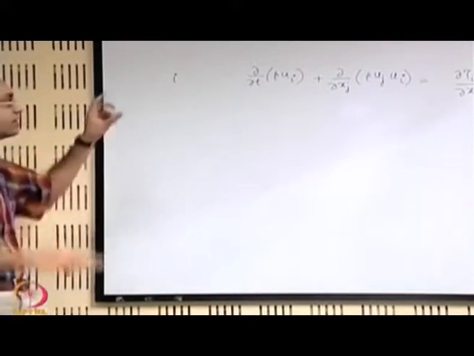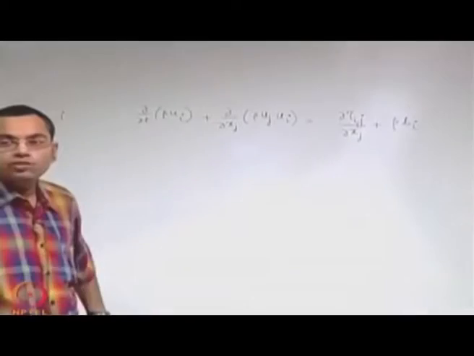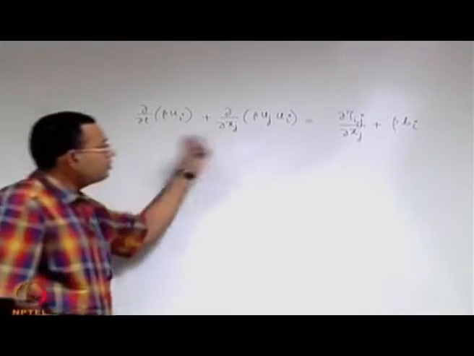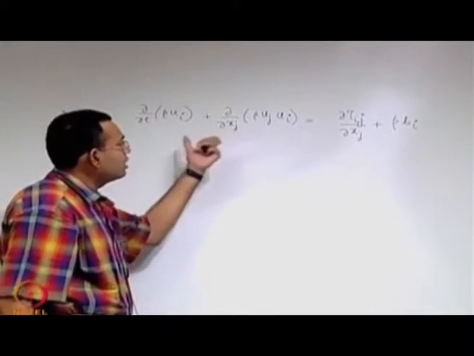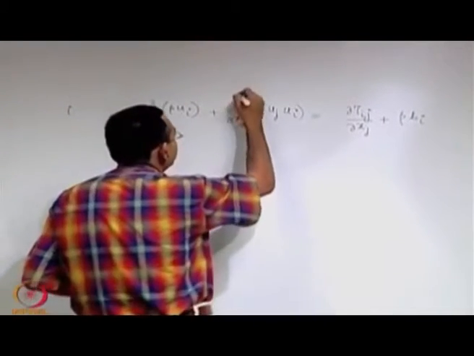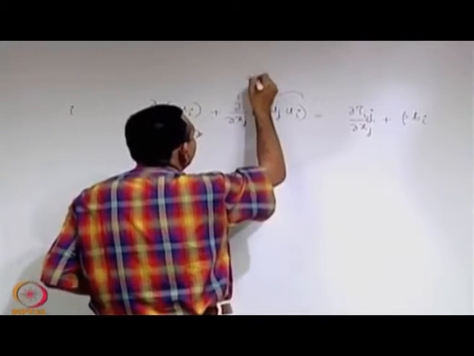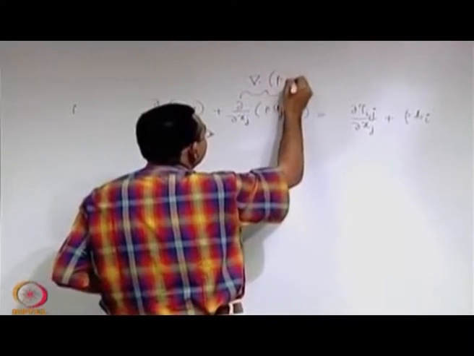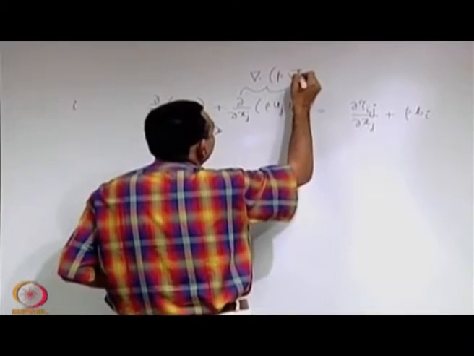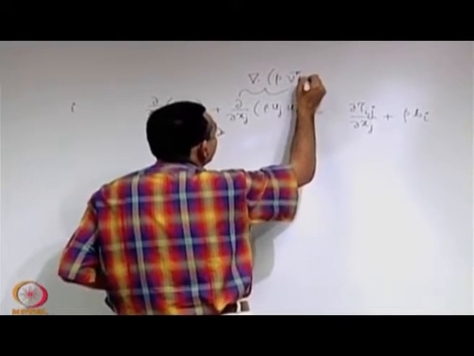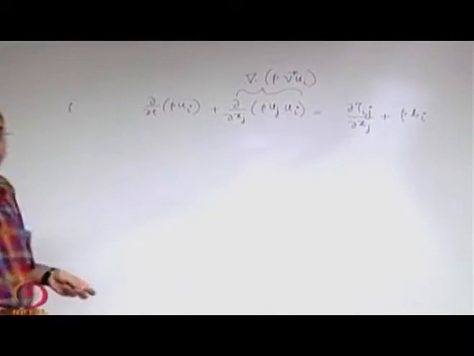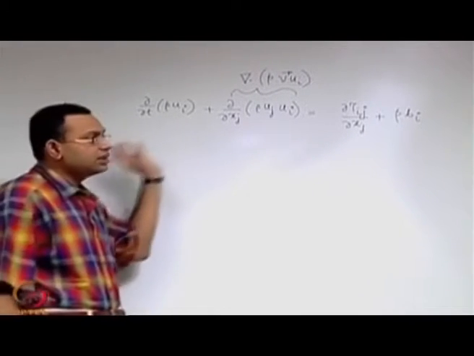So this is the first thing that we did, and then the vector form. With the vector form you can clearly see that you may write this as the divergence of rho v into the velocity component that you are talking about. So you may use interchangeable forms.